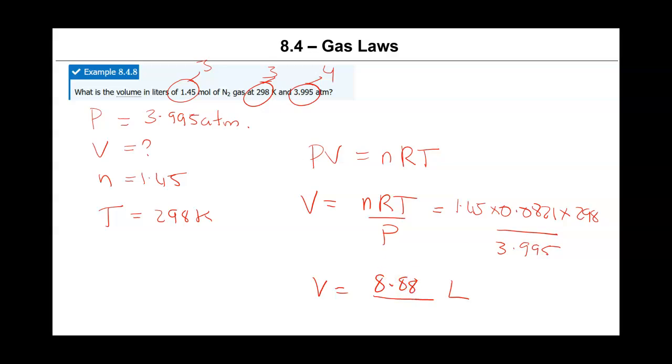And that's a typical ideal gas law problem. We have 3 of the 4 parameters, and we're going to reorganize and solve for the 4th one. The only thing we have to remember is the value of R, and that's always given to you.